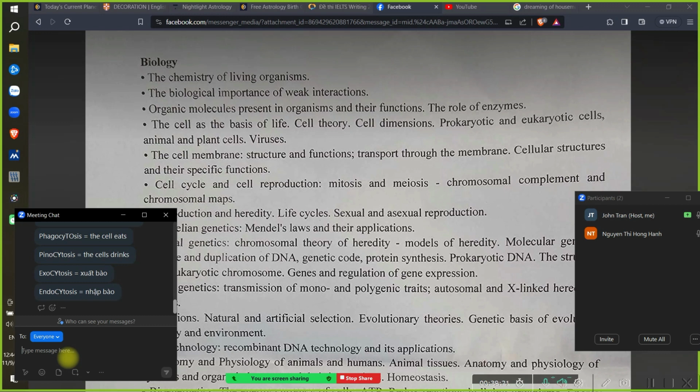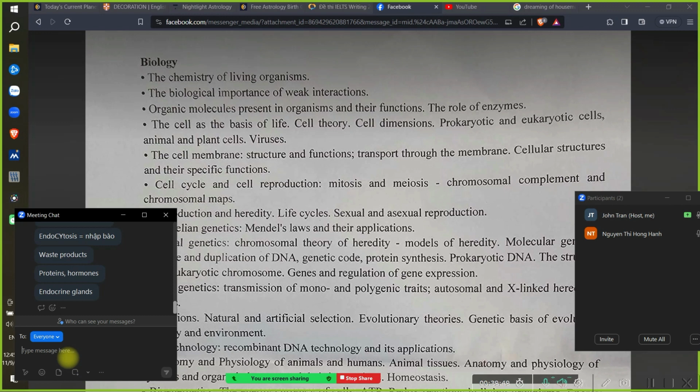So exocytosis pushes out waste products. It can push out proteins and hormones.